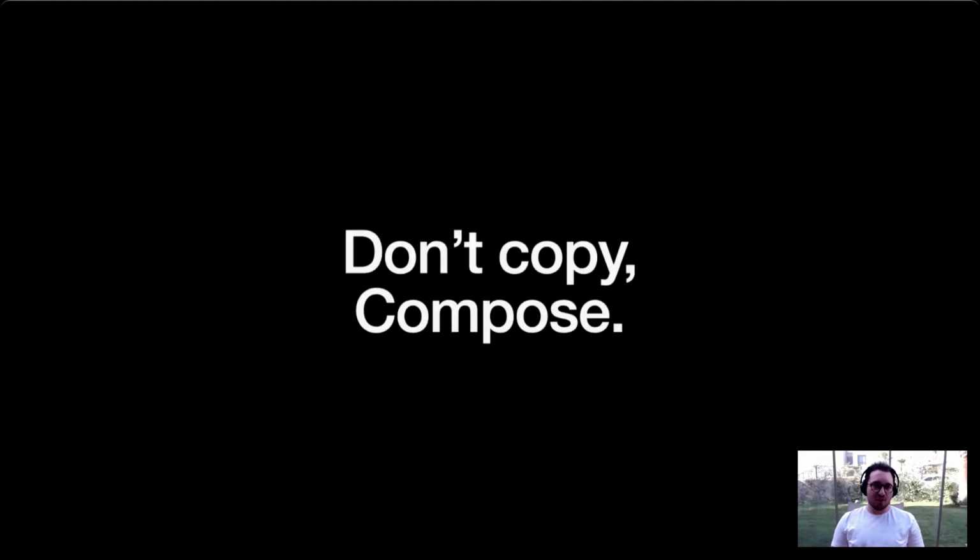But the takeaways from this presentation, the message I want to give you here: first one is please don't copy, compose, because composition is quite powerful. You can just copy and paste code, but when you compose, it looks beautiful, right? And it's much easier to maintain.